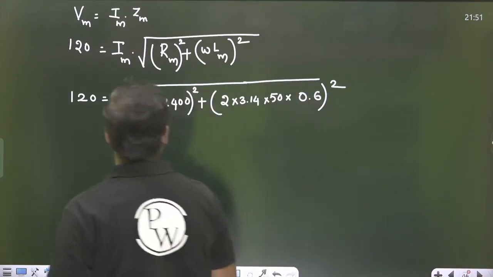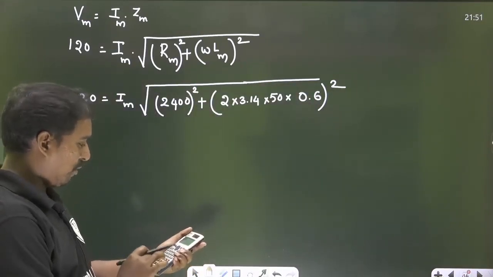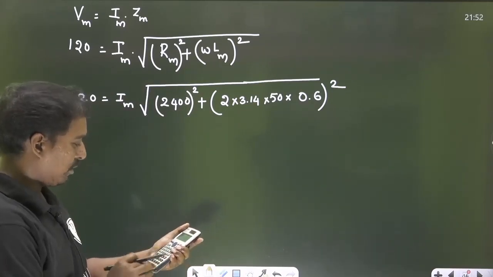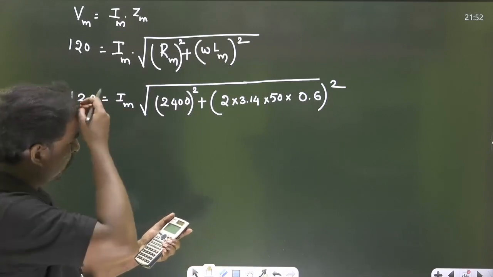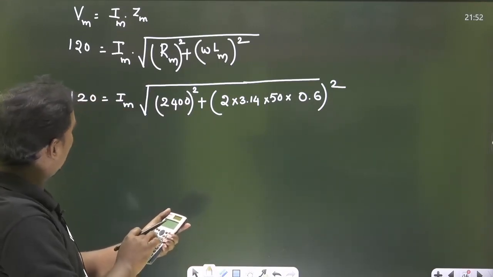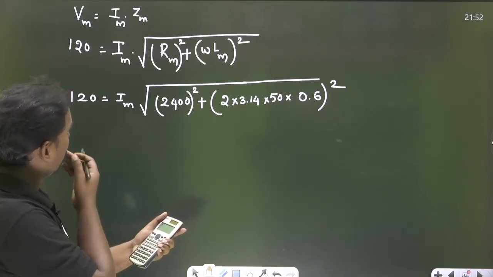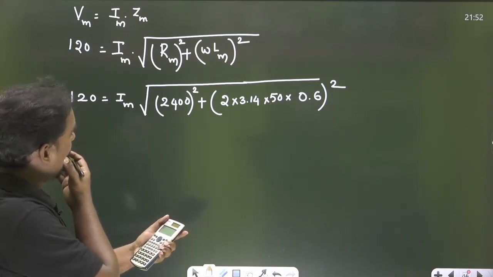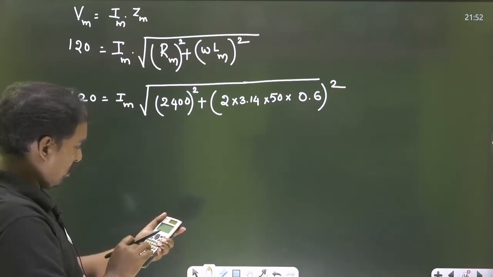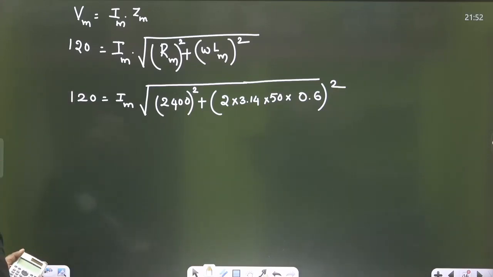Okay na? So now if you simplify, how much are you going to get? 2 into 3.14 into 50 into 0.6, square of it, square root of the whole.